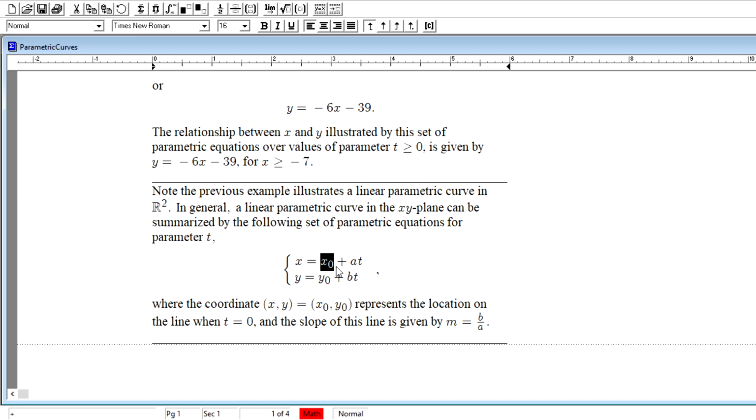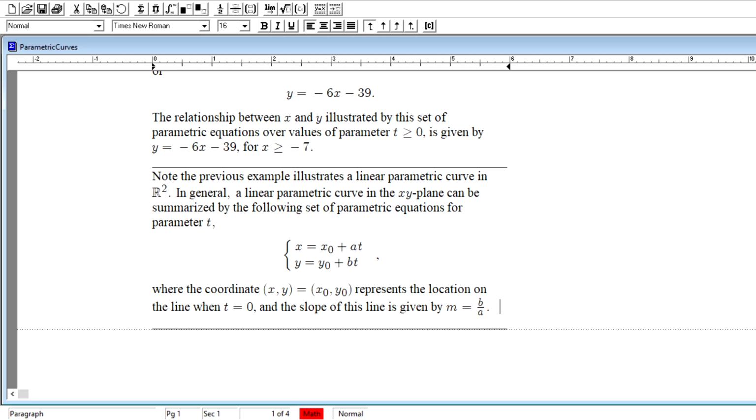The constant values in those linear functions form the location in space where t is equal to 0, and the slope values in these linear functions of t form the ratio b over a that describes the slope of this parametric relationship.